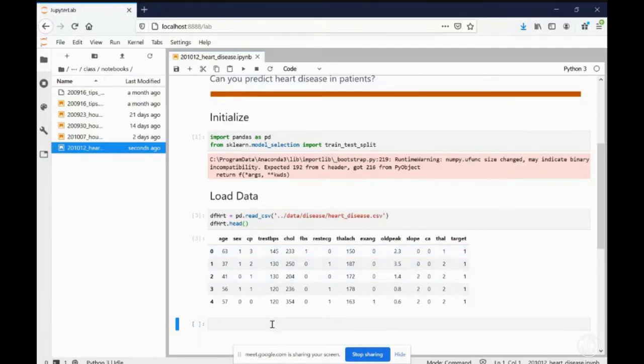Remember previously we were doing the dot describe, so we could do that here as well, look at ranges and things like that. But today we have a lot to cover, so I'm going to assume that you would do the descriptions, look at the statistics, see how much data is missing, and fill in the missing values.